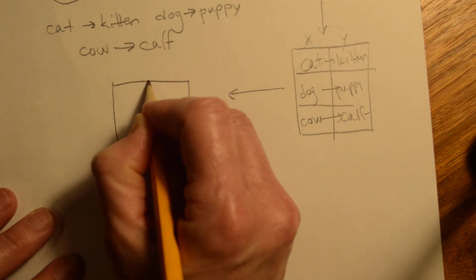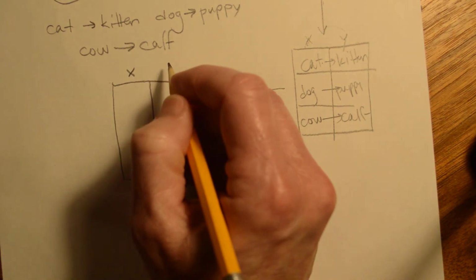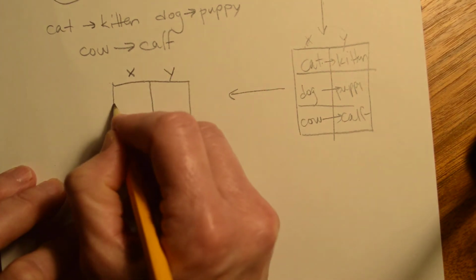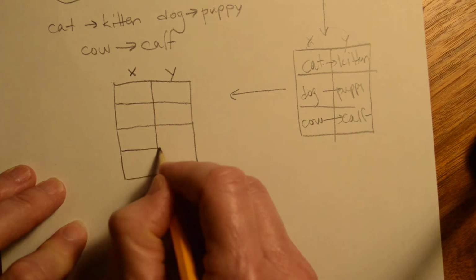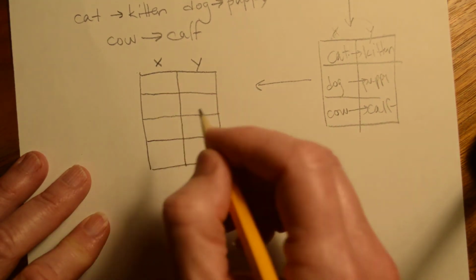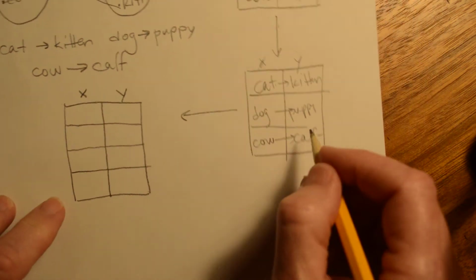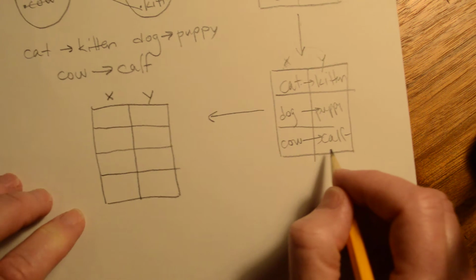All right, so I'm going to write it as I have been, X and Y here, but now instead of elementary school things, we're going to start using numbers. And we're still trying to find what the pattern is. It's just things that you don't have an association with, like cat and kitten, dog and puppy, cow and calf.